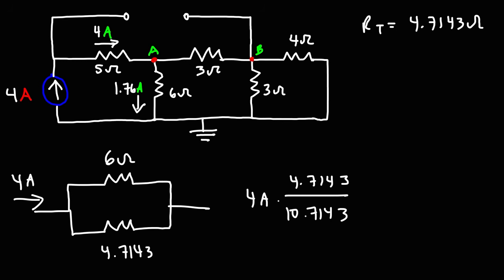Now, taking the difference between these two numbers, so 4 minus 1.76, that's going to give us the current flowing through the 3 ohm resistor. So that's a current of 2.24 amps. So now that we have that current, we can calculate the current flowing through the 4 ohm resistor and the 3 ohm resistor.